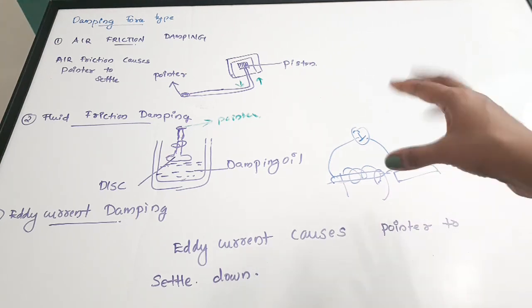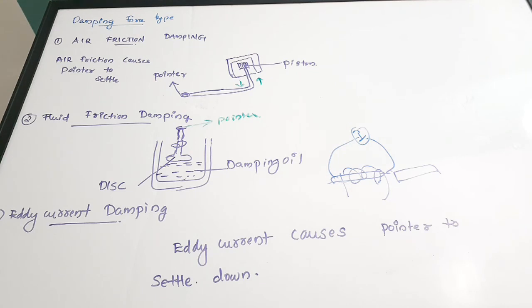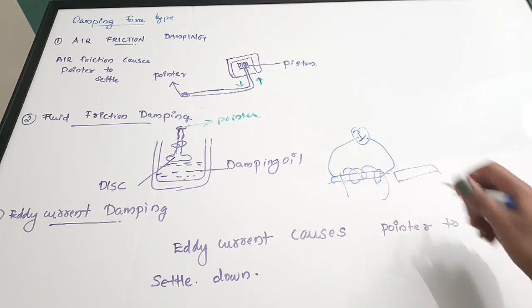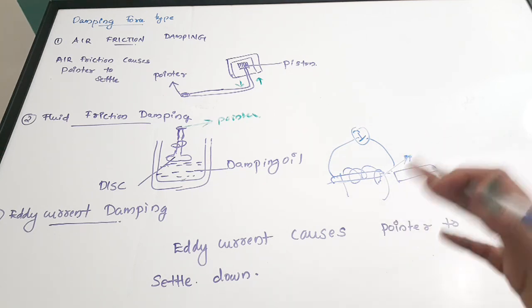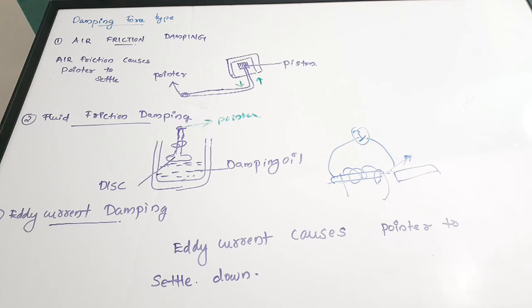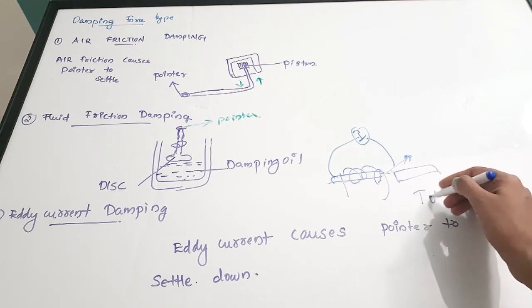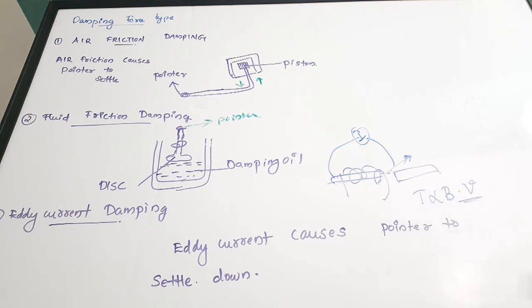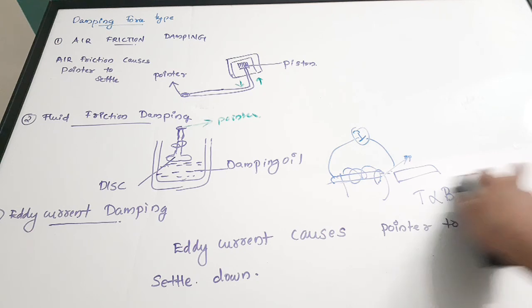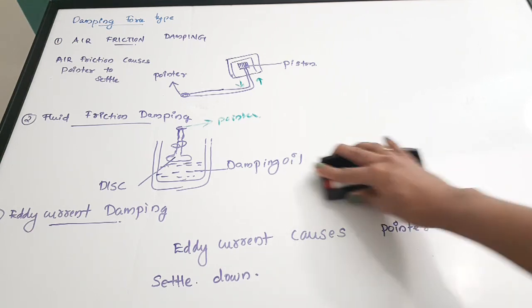The current will interact with the magnetic field and produce a torque. Okay, and this torque will oppose the movement of the conductor. And when a pointer is connected to this conductor, this current will try to bring back the pointer to the initial state or the steady state. Okay, and also the torque is proportional to the product of magnetic field and velocity of the conductor. So that is the concept of eddy current damping.